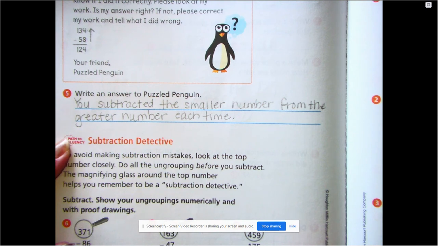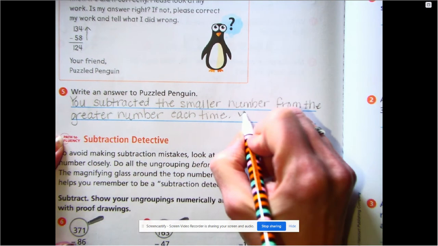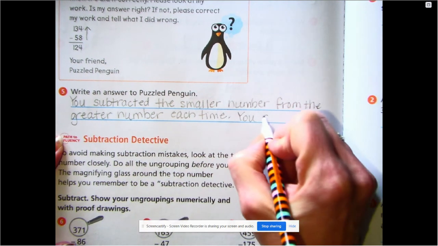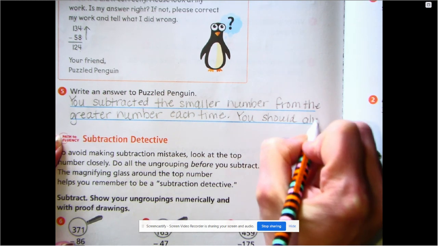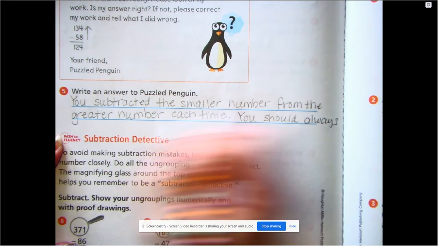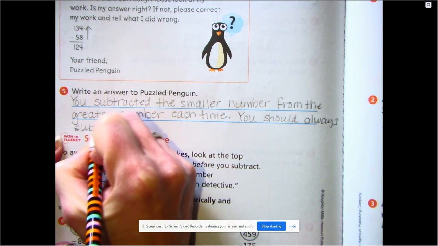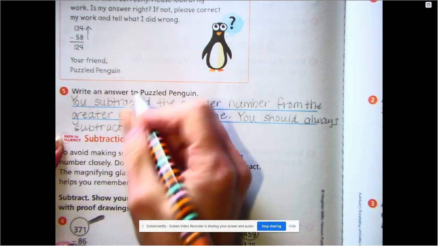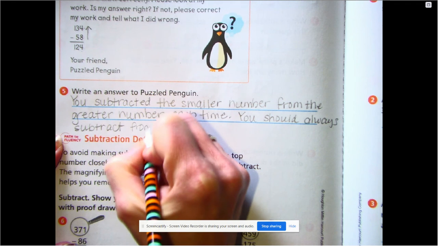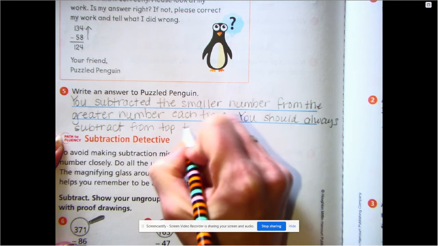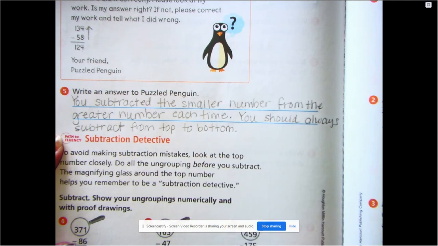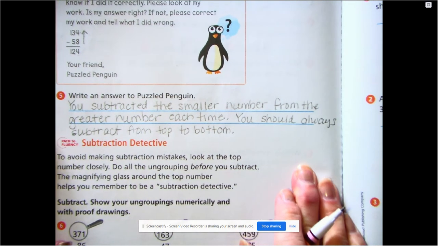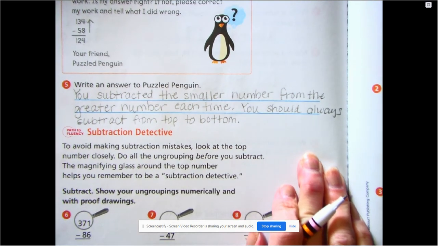Right? You should always subtract from top to bottom. Okay, so if you need to pause the video and you write that sentence down, I want this in your book.